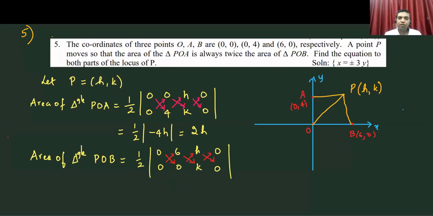Applying the formula to find the area, you get 0 minus 0 plus 6k minus 0, 0 minus 0. So you get 6k, which is 3k. Now what is given? Given is area of triangle POA is 2 times area of triangle POB.